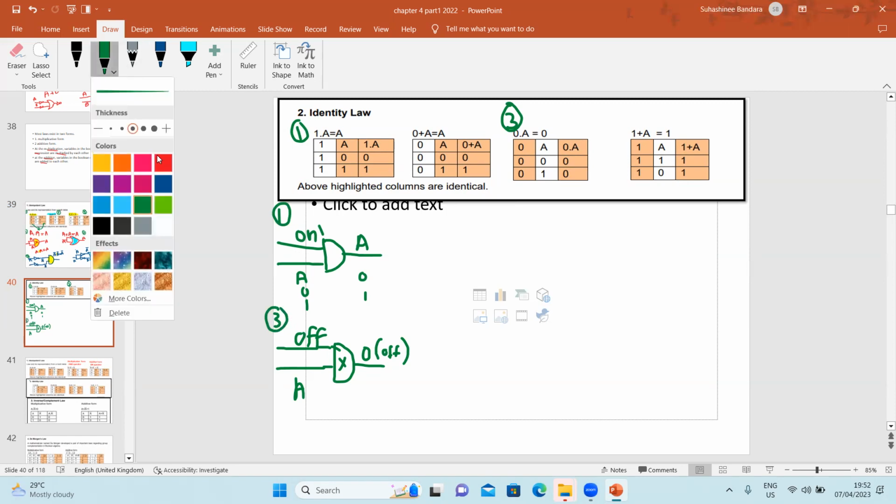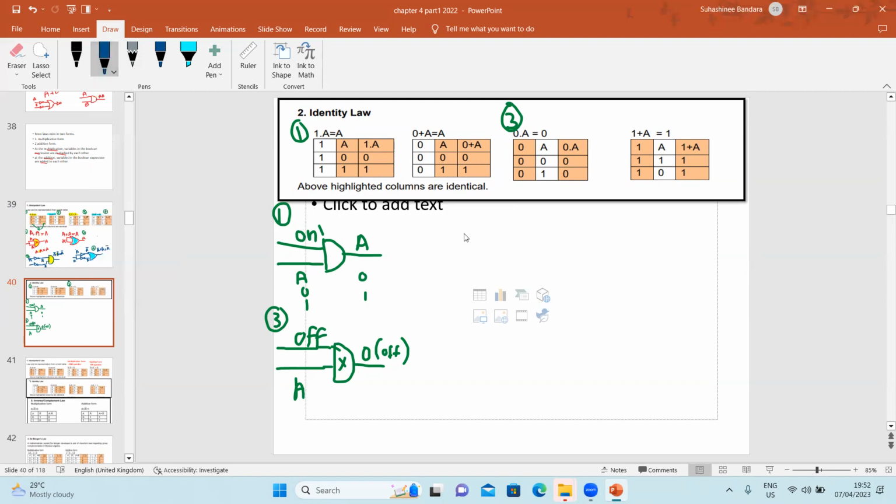The next one, if this is 0 and the other input is A, going through an OR gate, okay, so if it is going through the OR gate, the output will be A plus 0, that will be A.